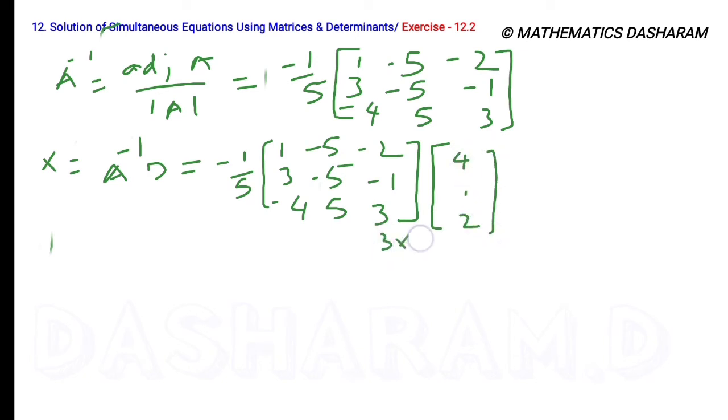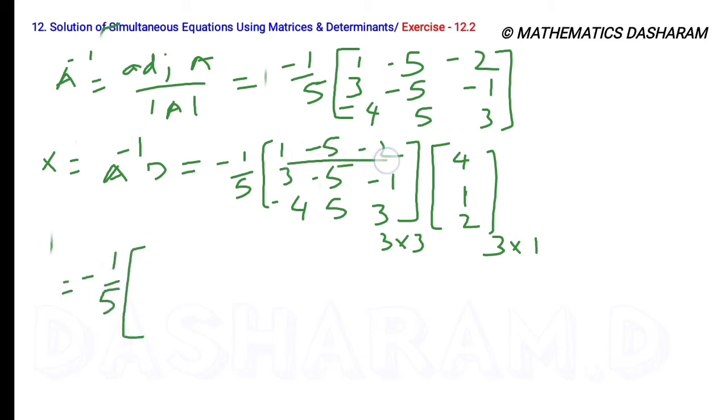The order of A inverse is 3 by 3 and the order of D is 3 by 1. Columns equal to rows, so multiplication is possible, and the order of the answer matrix is 3 by 1. Minus 1 by 5, don't multiply inside now.